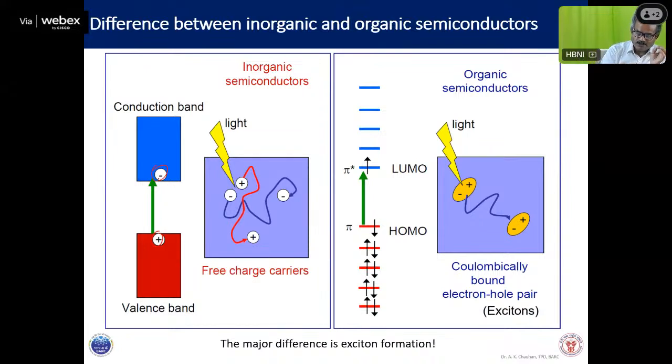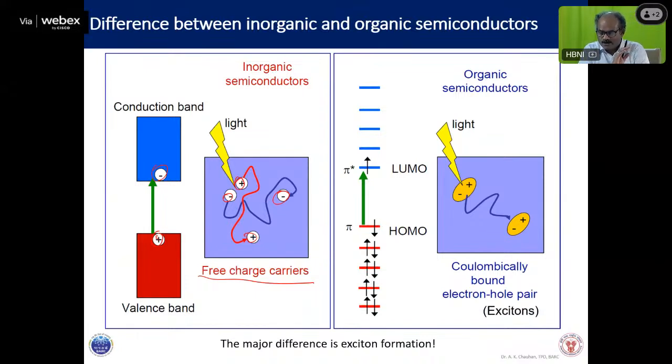The only thing is that it has to be separated from this hole. So there is no question of recombination in this particular system. With very little effort after light is absorbed, you have a hole and an electron, both independent, and they travel independently. So we can call these free charge carriers also.